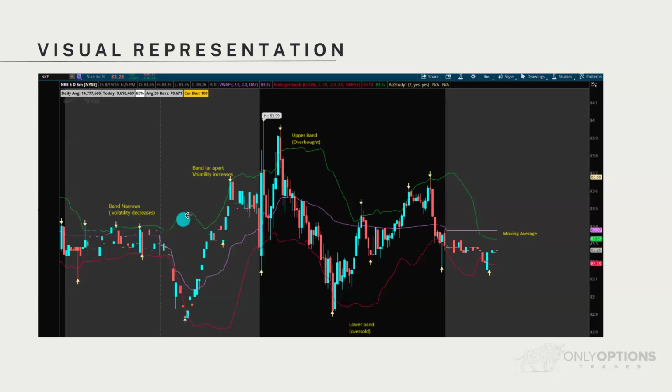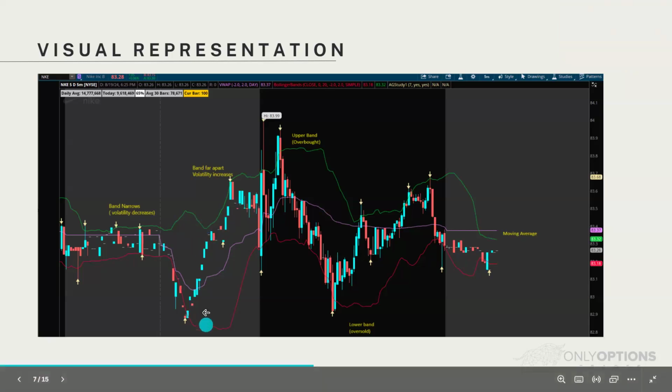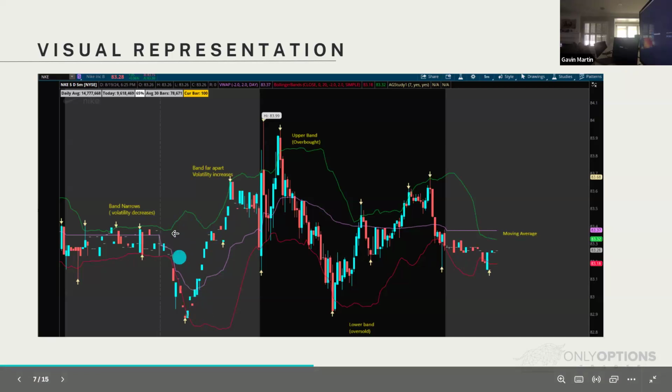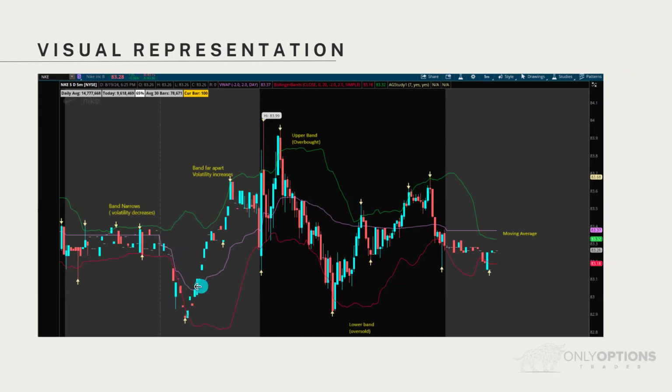And then we have the opening. When we have the bands moving apart from each other, that's the move on the volatility. And here's where the volatility starts expanding.